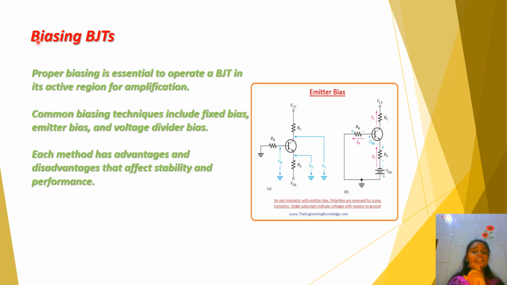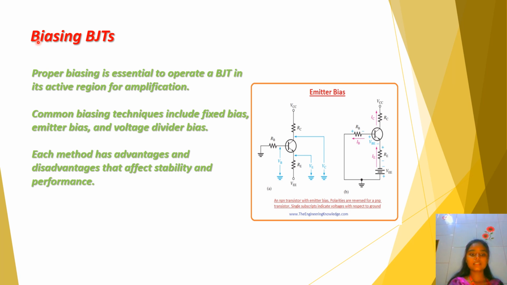BJT biasing involves applying DC voltages to the base, emitter, and collector terminals to establish a desired operating point, the Q point, for proper transistor function, ensuring the transistor operates in the active region for amplification or switching. Why is biasing necessary?